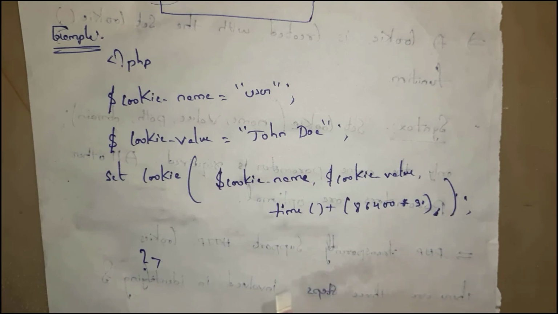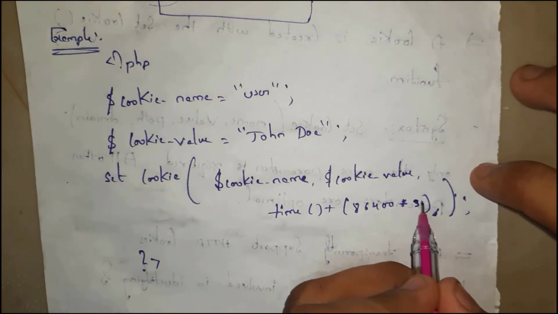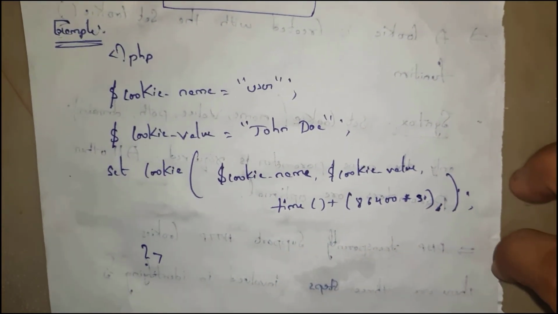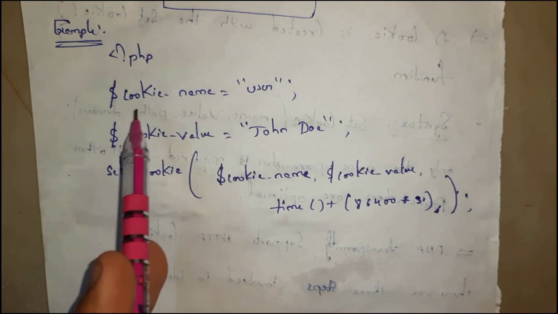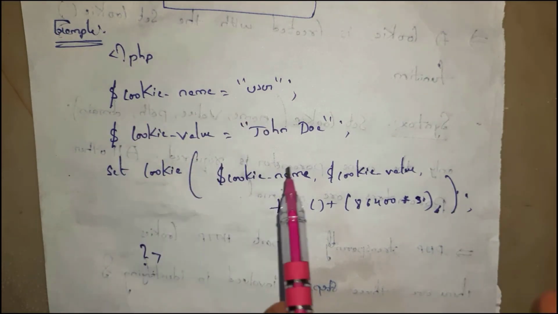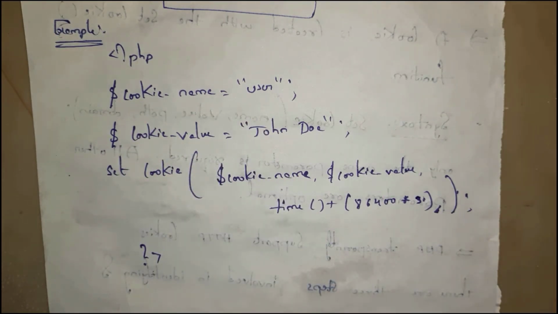Time is time plus 86400 into 30. It's not 100, it is 30. 86400 into 30 is equal to 30 days. By this, the cookie name user and cookie value John Doe are both going to be stored as cookies for 30 days. This is the example of how I set the cookies.